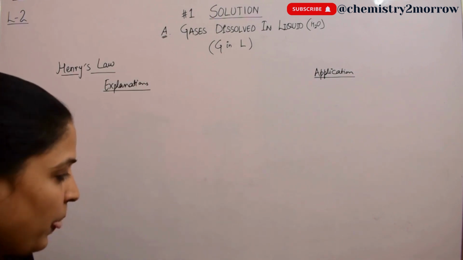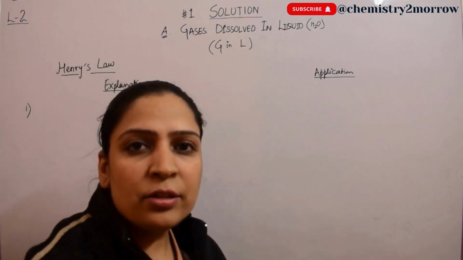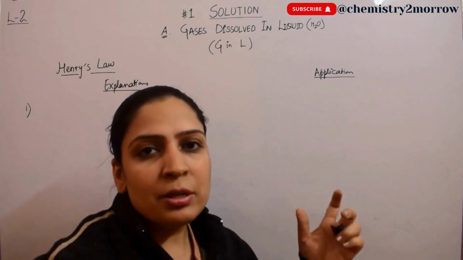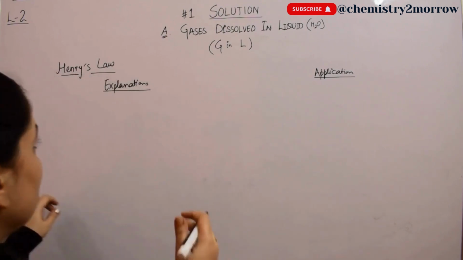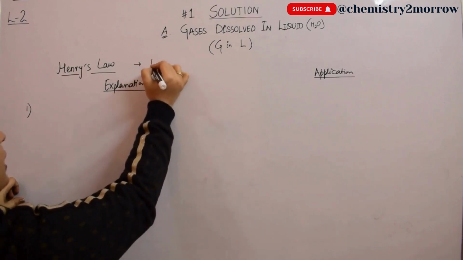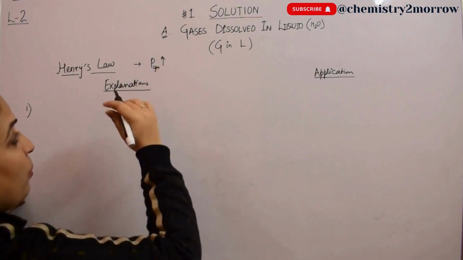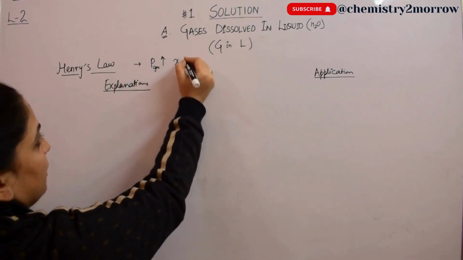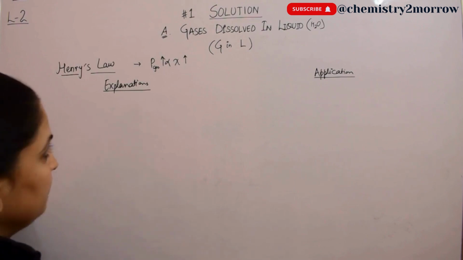So first of all, one of the very basic things that Henry's law tells is about the solubility. So as pressure is increasing, the mole fraction of the gas is increasing. So Henry's law states that as the pressure of the gas above the liquid is increasing, its mole fraction in the solution will also increase because the two are directly related to each other.